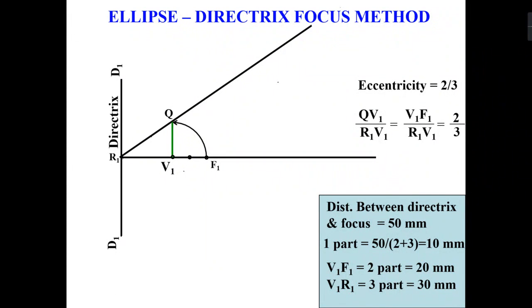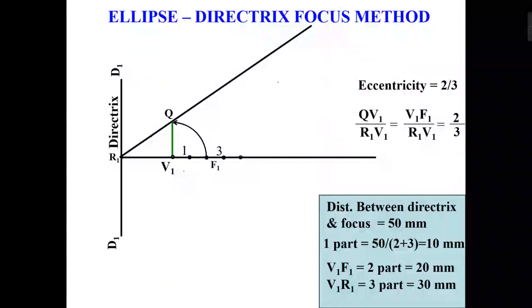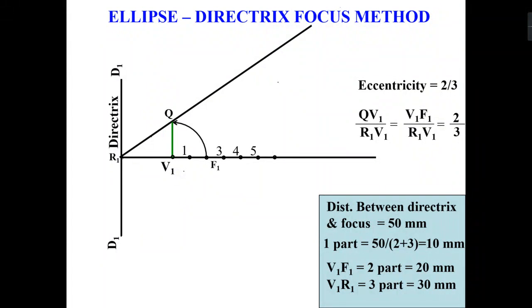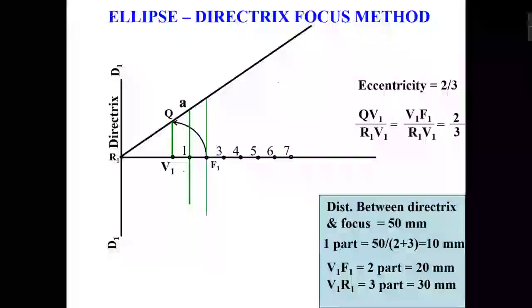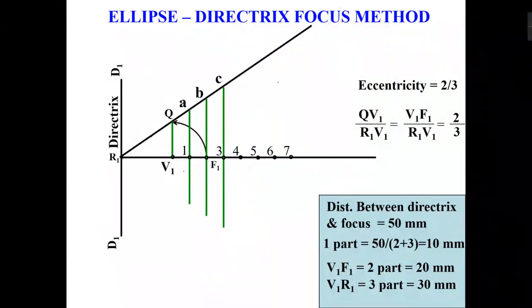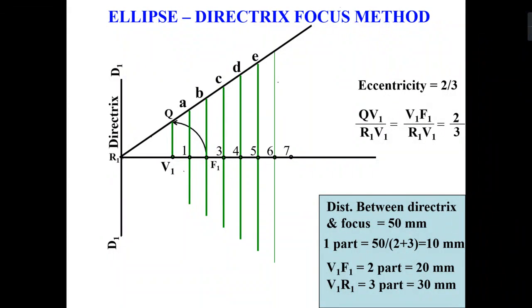For that I will take some random points on the axis on the right side of V1. This distance of the point can be random. Then I will draw the perpendicular lines from each and every point.